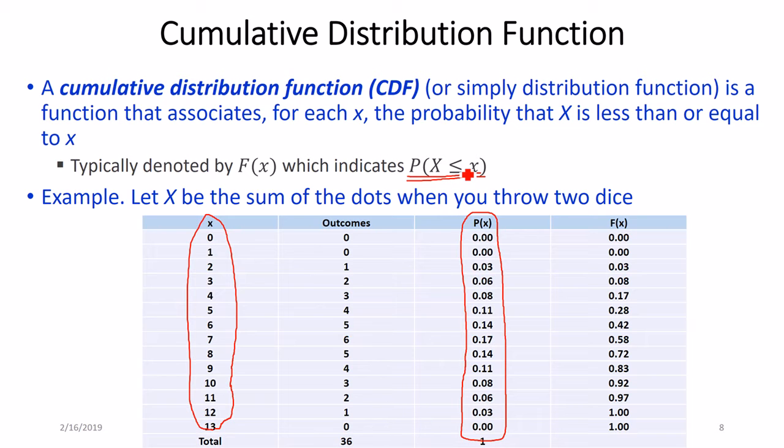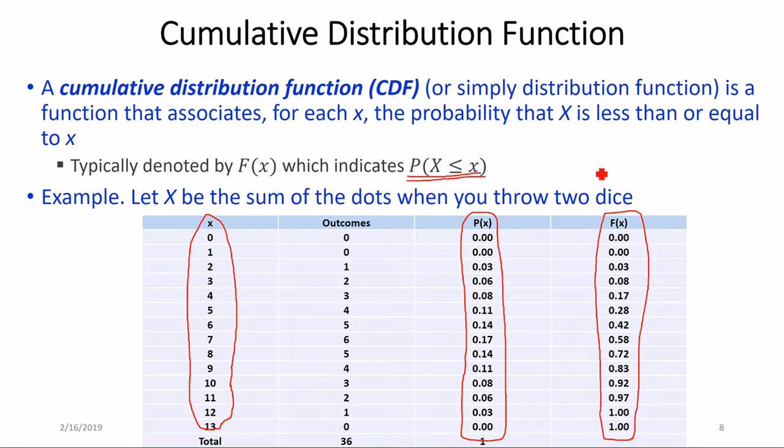The cumulative distribution function F(x) is in the last column. Looking at this column, we can see each value of F(x) is actually a cumulative sum of all the previous values in P(x).